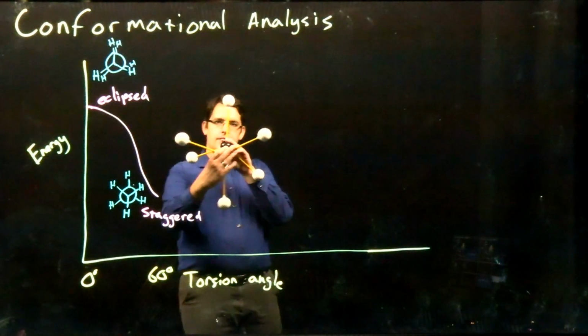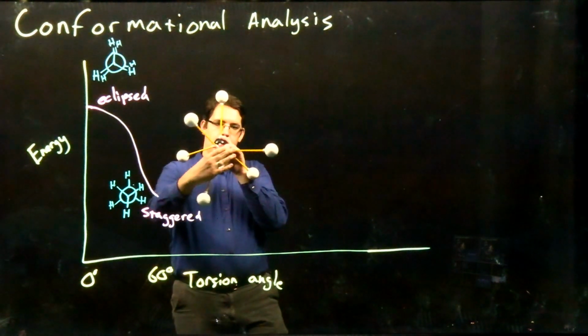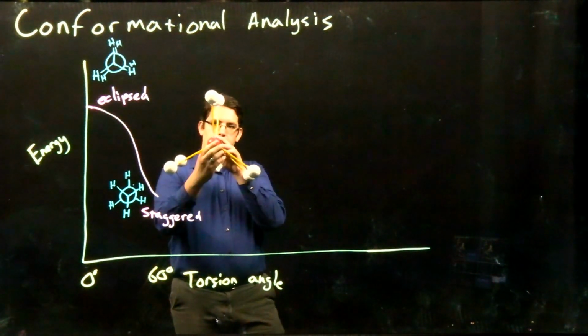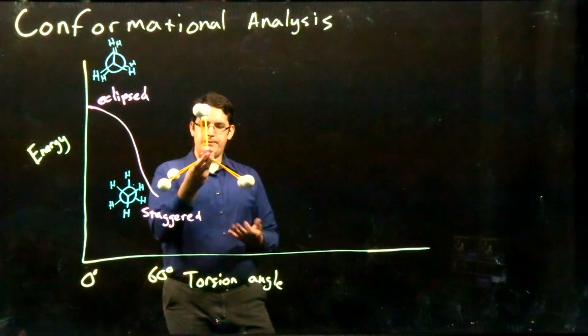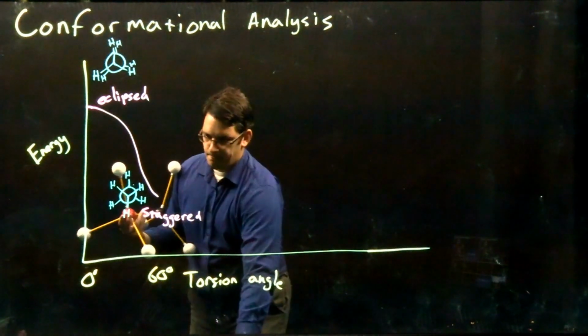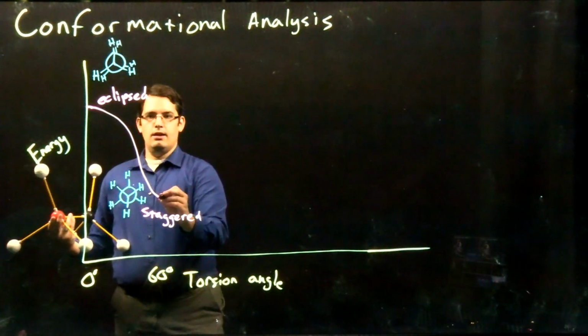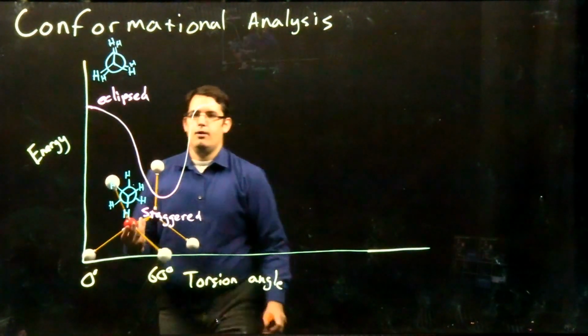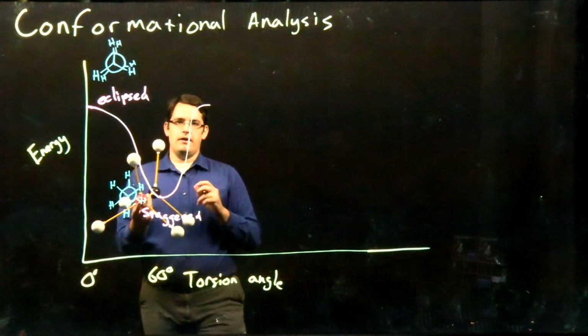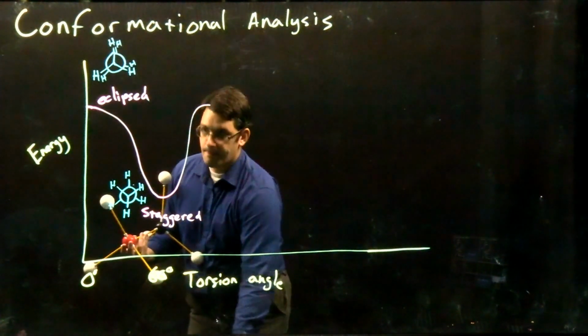Now I can continue to rotate it, so that was only 60 degrees. I rotate another 60, and notice I'm again in the same eclipsed conformation. So my energy increased up to that same unstable point where my electrons are close together and they're repelling each other.